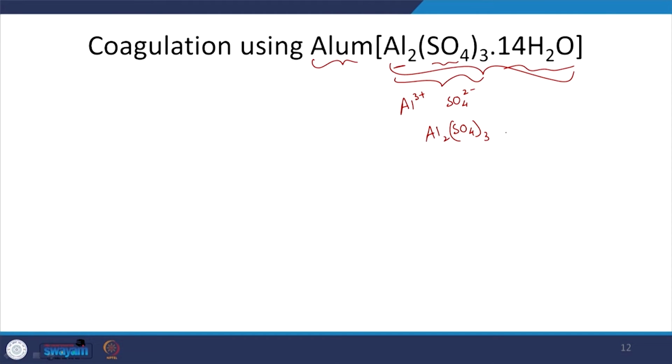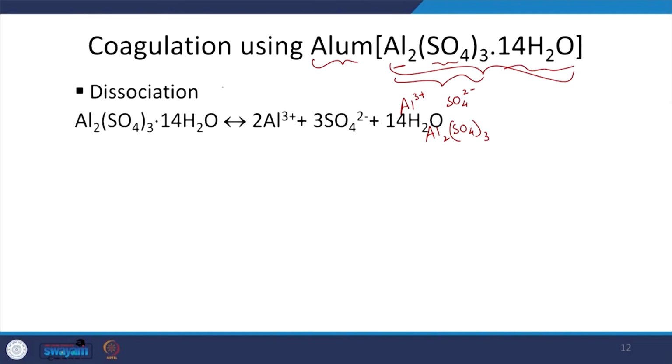So, 6 charge, okay, that is fine, but we know that Al3+ does not stay. Once we add this, let us see what happens to the solution. It will dissociate once I add it to the water, or dissolution, if I may say so, dissociation or dissolution. So, what is it going to dissociate into?